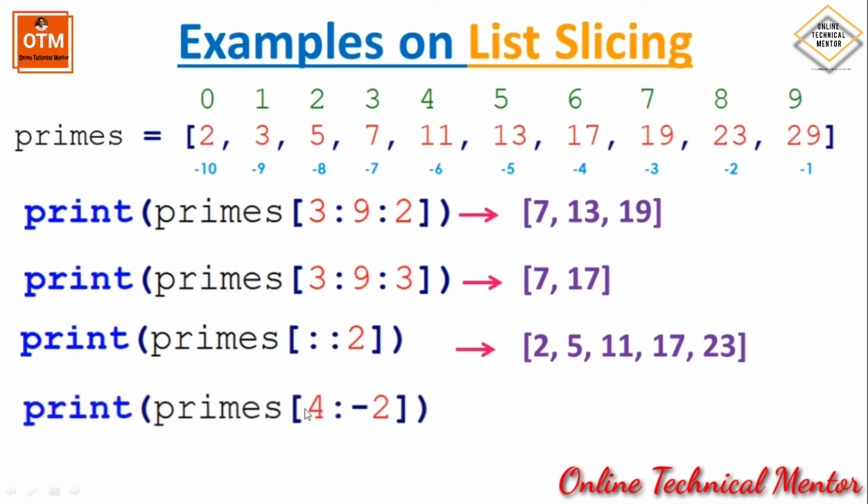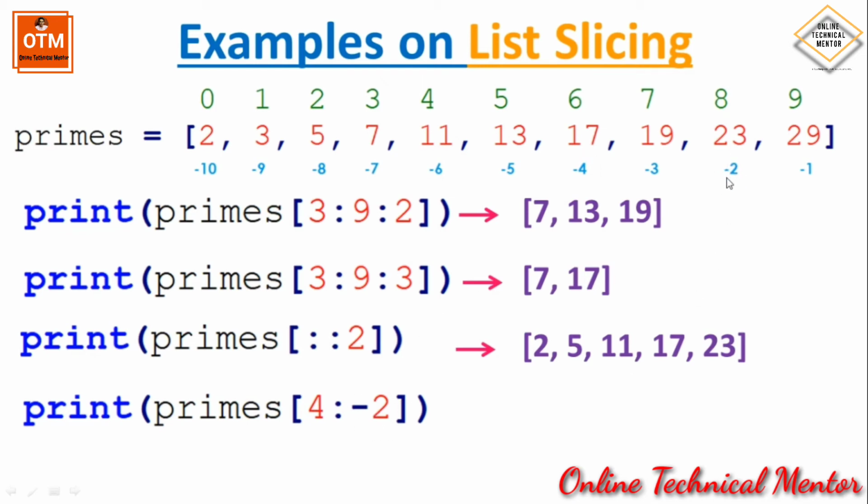Next, primes 4 colon minus 2. Since the list is positioned by the positive as well as the negative indexing, we can consider both indexing techniques at a time. So when we are specifying the start position as 4 and the stop position as minus 2, it will start extracting the values from index 4, that is from 11 onward, and it will stop before the minus 2 index.